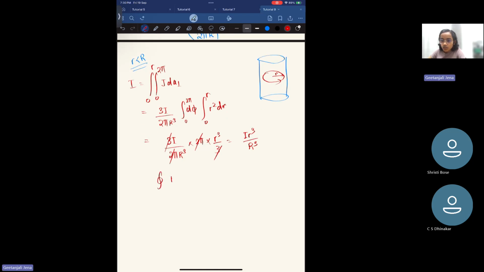So we know the I enclosed. So B dl should be mu naught I r cube by capital R cube. So B would be mu naught I r square by 2 pi R cube, after the r from dl cancels with r cube. The direction is phi cap.